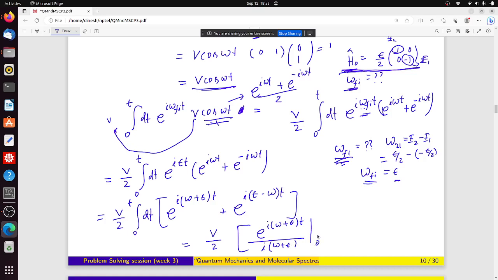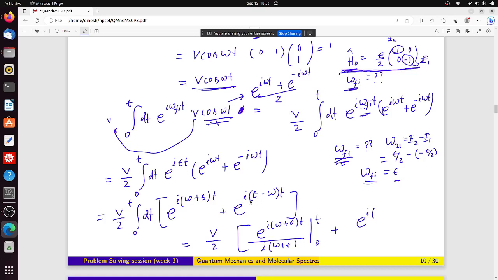Limit goes from 0 to t, and the second part will give me e to the power i, sorry, we can write simple sine i omega plus epsilon t. Which actually, if we integrate the cos function, yeah, sine. You're right.